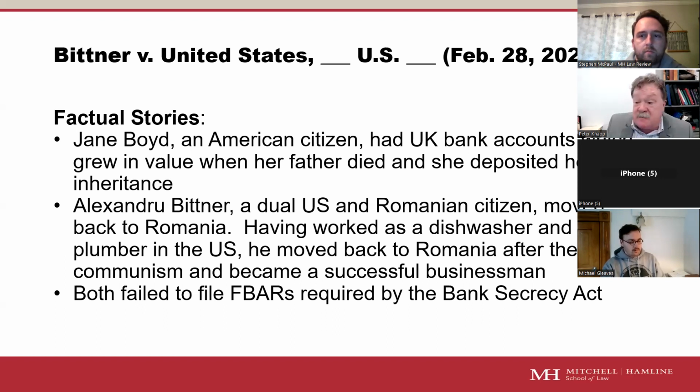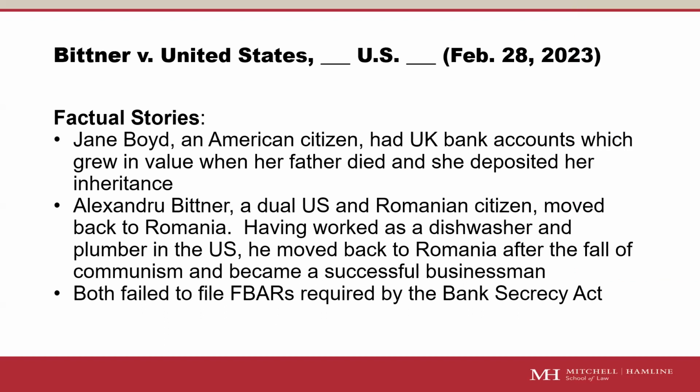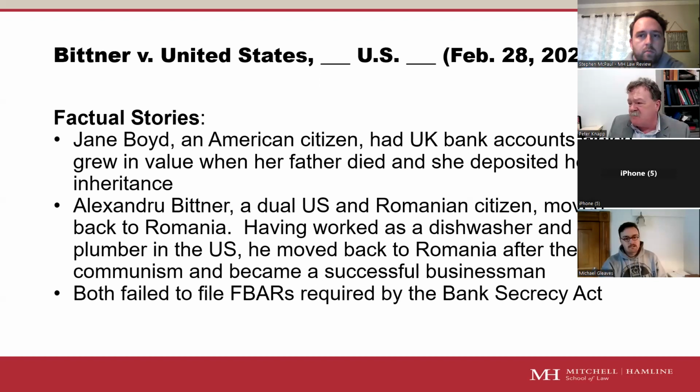The other person that is involved in this case, and the name person on the case, is Alexandru Bittner, and his situation was considerably different. He was a dual US and Romanian citizen, and as Justice Gorsuch, who writes the lead opinion in the case, explains, he had come to America and worked as a dishwasher and a plumber and become a citizen of the United States through naturalization.